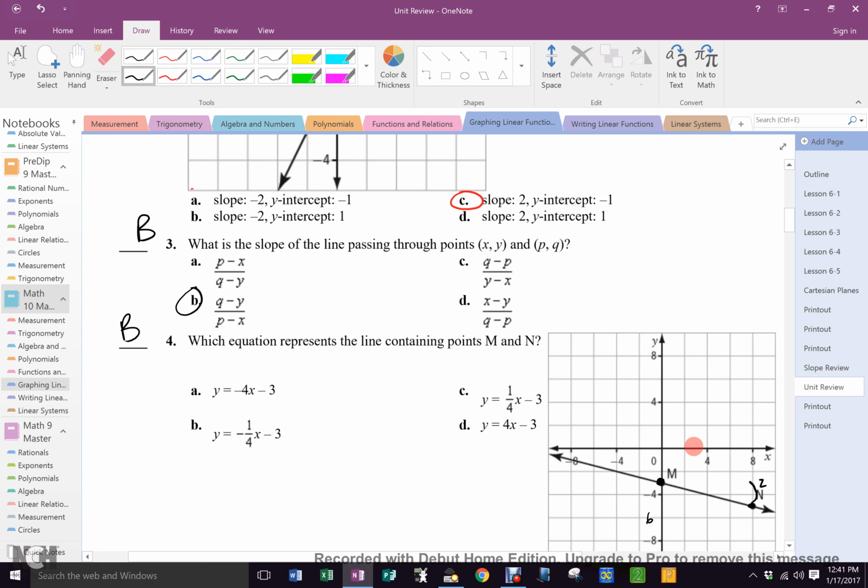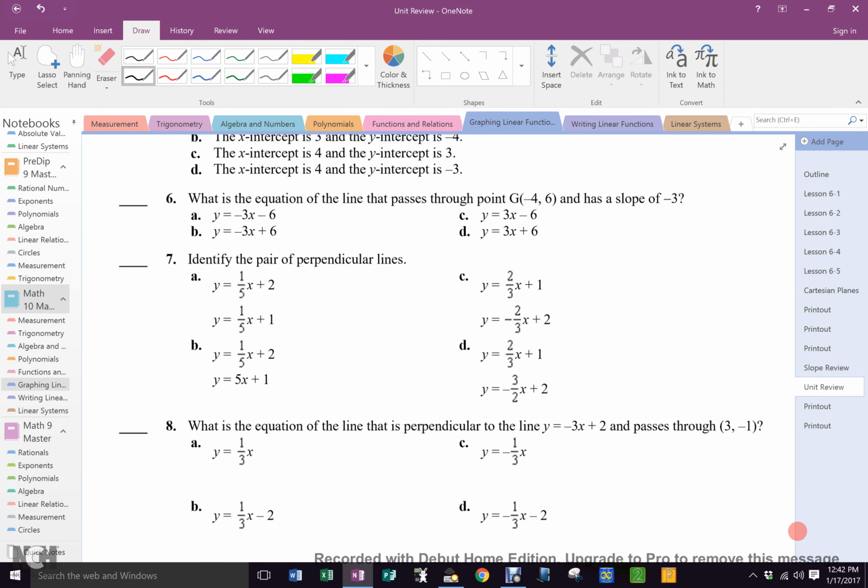Agreed? Each square is worth 2 points, yes? So I went 2, 4, 6, 8 to the negative direction, yes? So that is -2/8, which is, of course, -1/4. So now I look at my choices, and I see only one had a negative slope. So it had to be B. But I can also double check and see, oh, it's going through 3. Gouda? Great!